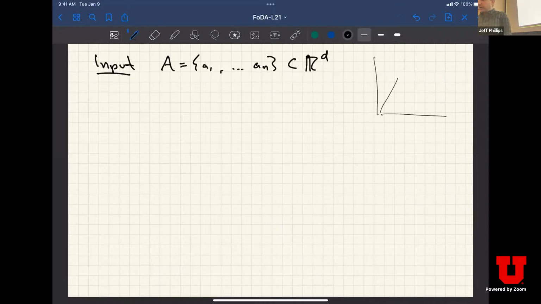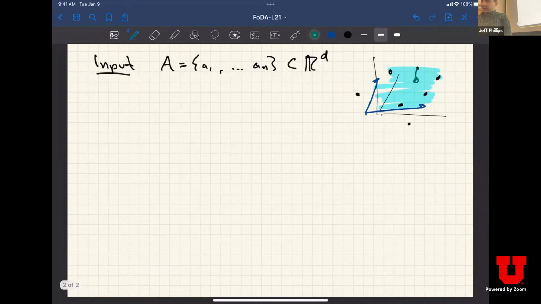And we're thinking of these points in D-dimensional space, and our goal was to find a subspace, say a two-dimensional subspace here, and then define some projections of all of these data points.